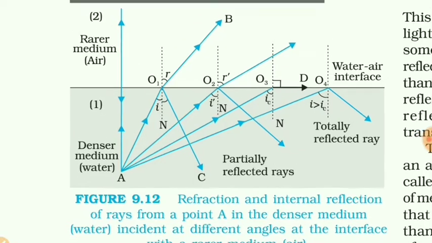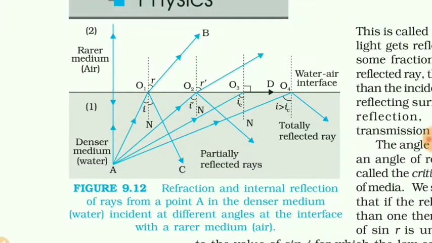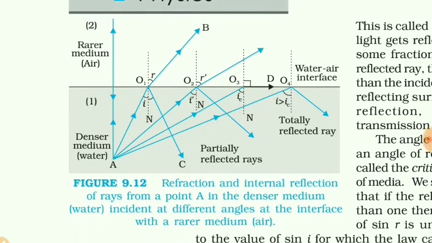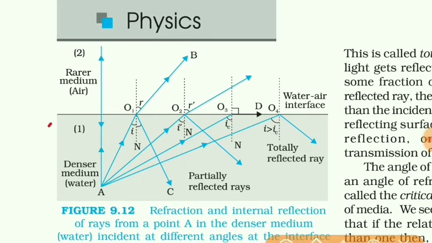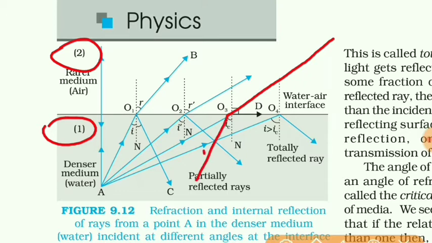Students, I hope you understood this. Always remember one thing, that total internal reflection will take place only when the ray travels from a denser medium to a rarer medium. Total internal reflection cannot take place for a ray traveling from a rarer medium to a denser medium.